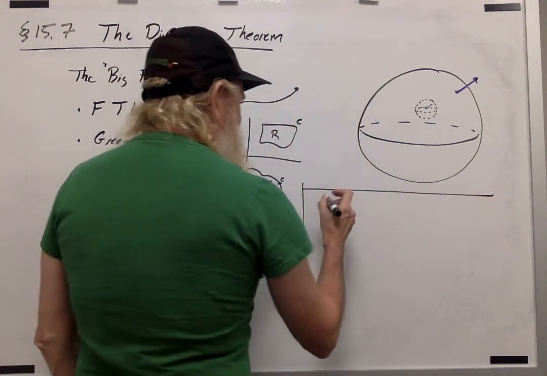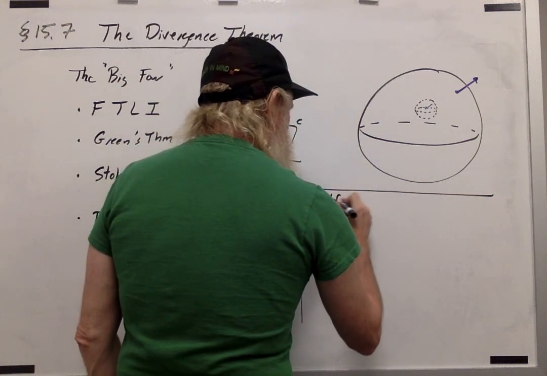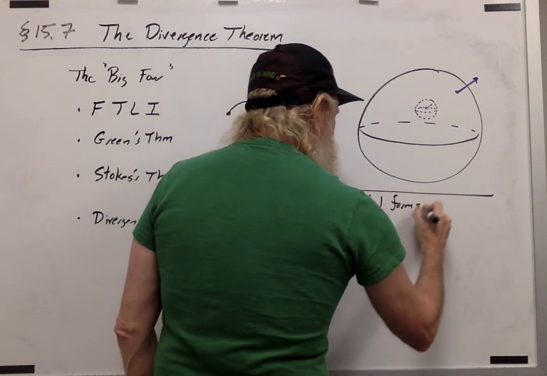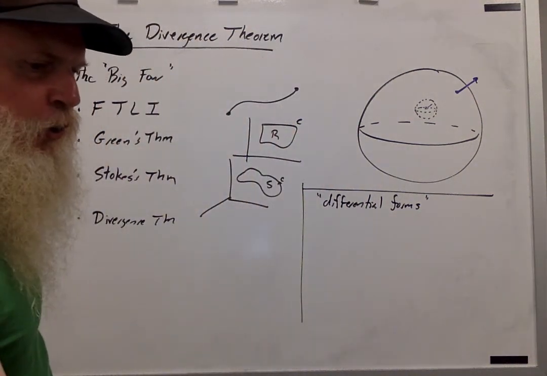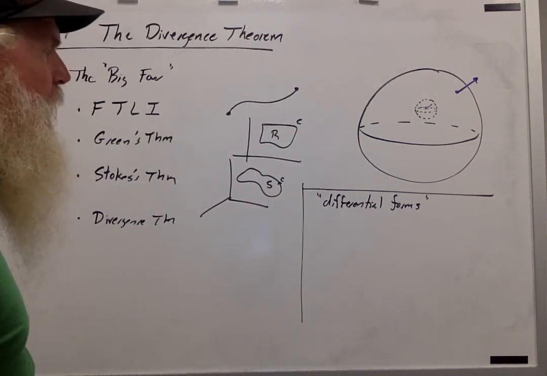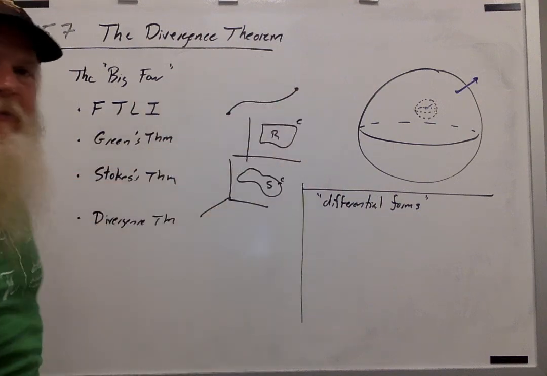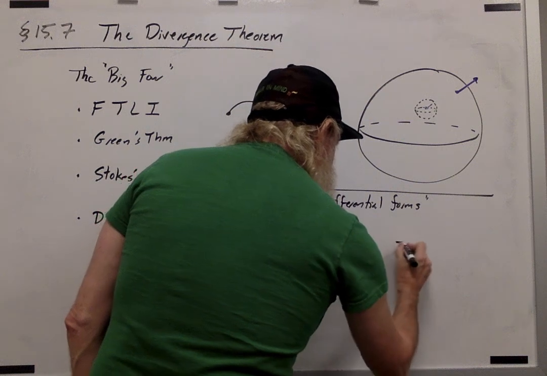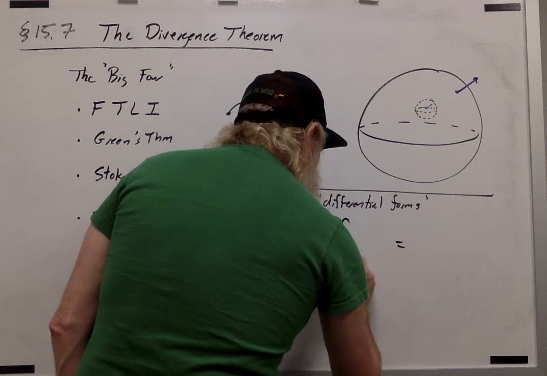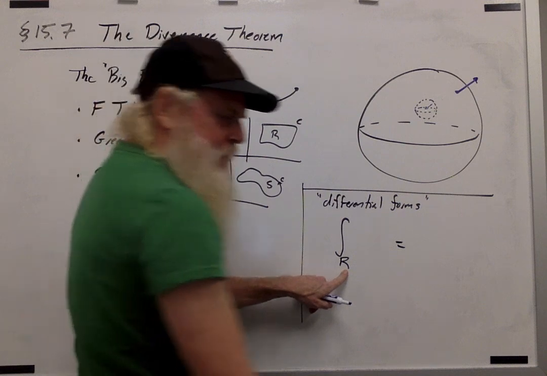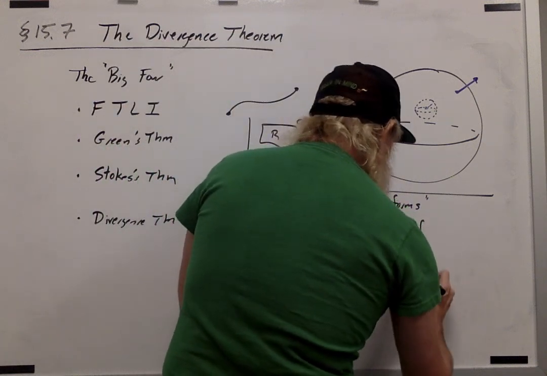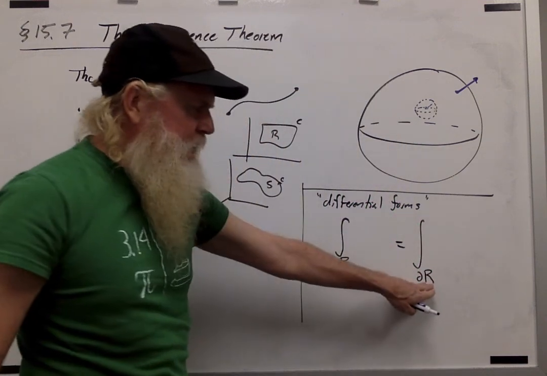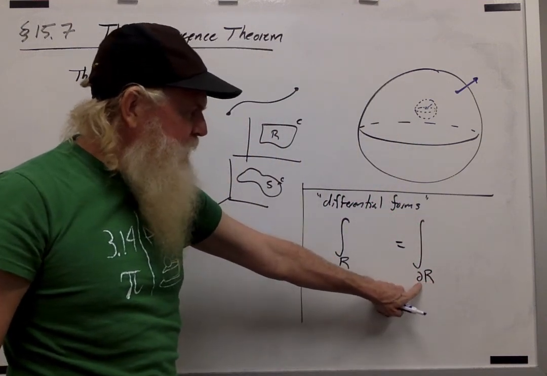Well, there's a language in math called differential forms. It turns out that using the language of differential forms, all four of these integrals can be written in one way. They all say that the integral over a certain object R of d omega is the same as the integral of omega over the boundary of R. So this little delta represents boundary.